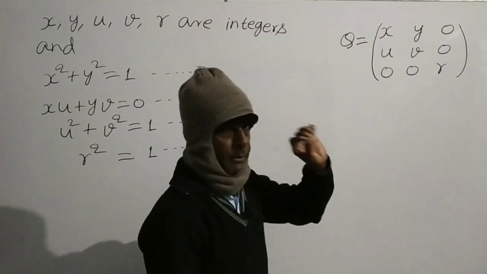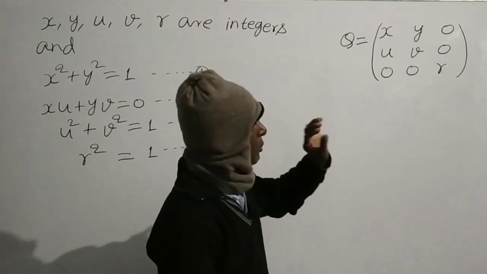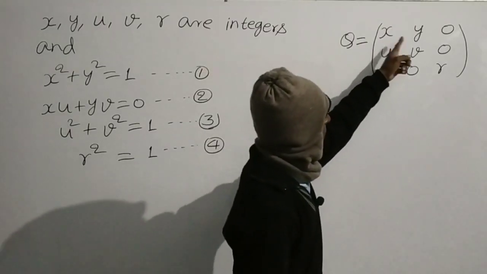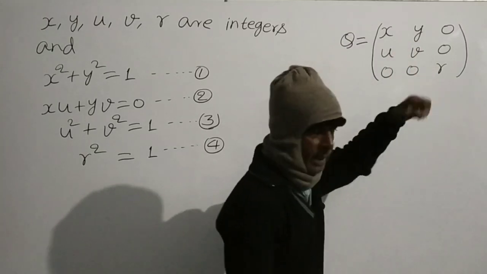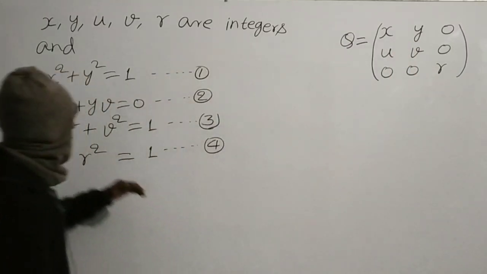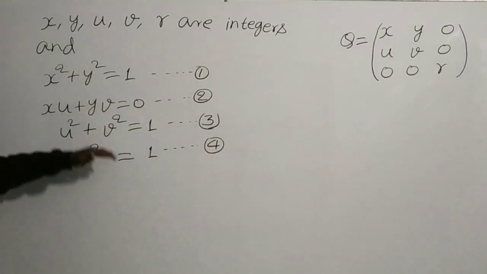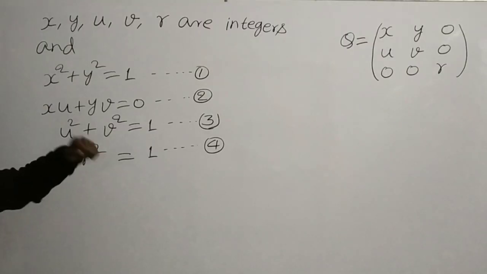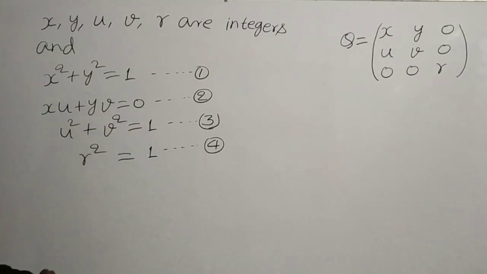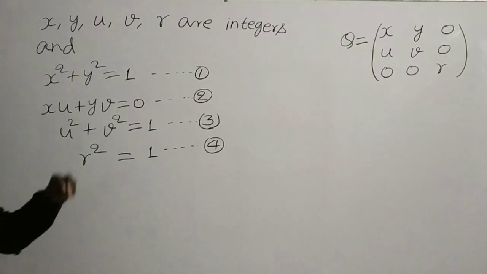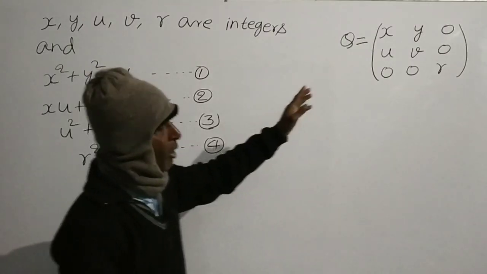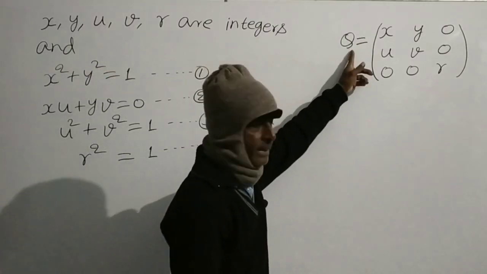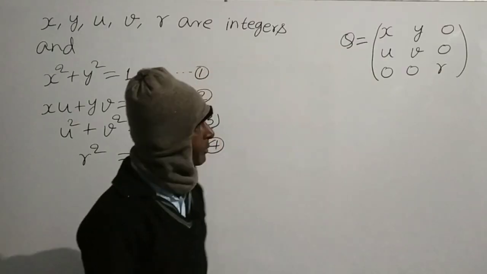The number of different ways to write integers at these 5 places such that these 4 conditions are satisfied will be equal to the number of different matrices Q.